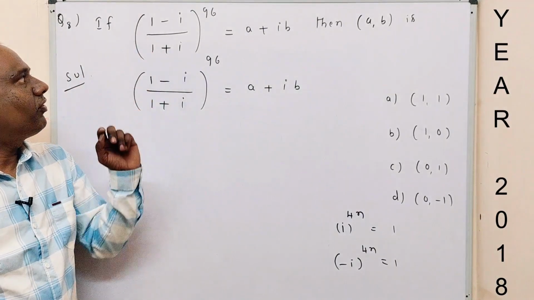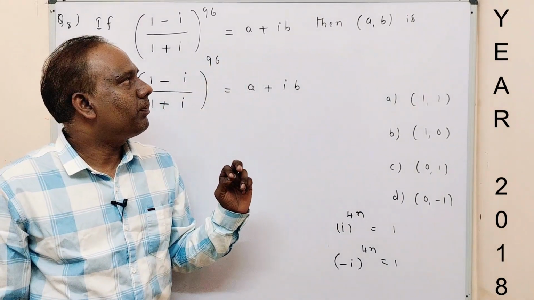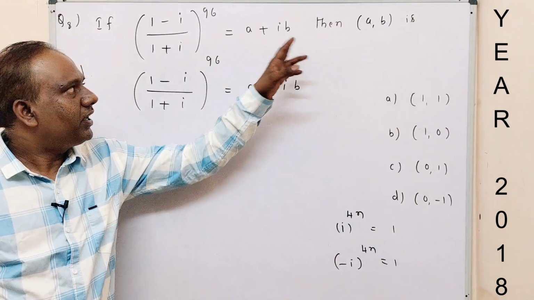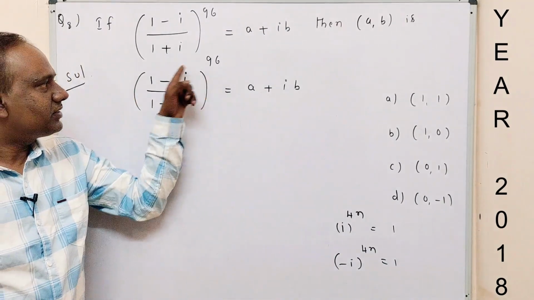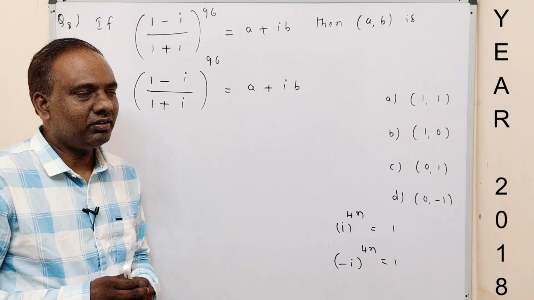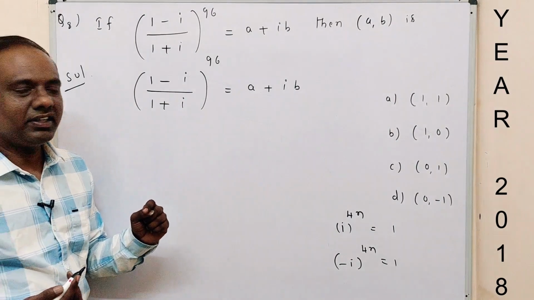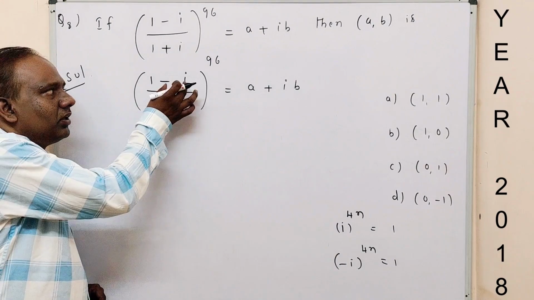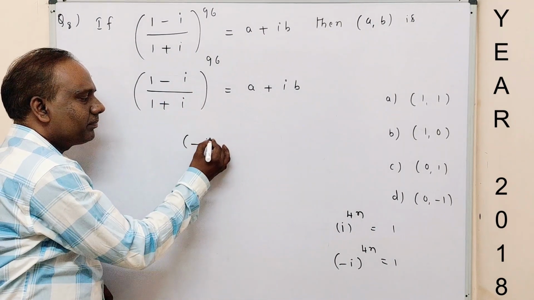Question is, if ((1 minus i) by (1 plus i)) whole power 96 is equal to a plus ib, then a comma b is. So here we calculate a value and b value. Before I explain, this simplification I write directly. If it is minus i, directly you take minus i.